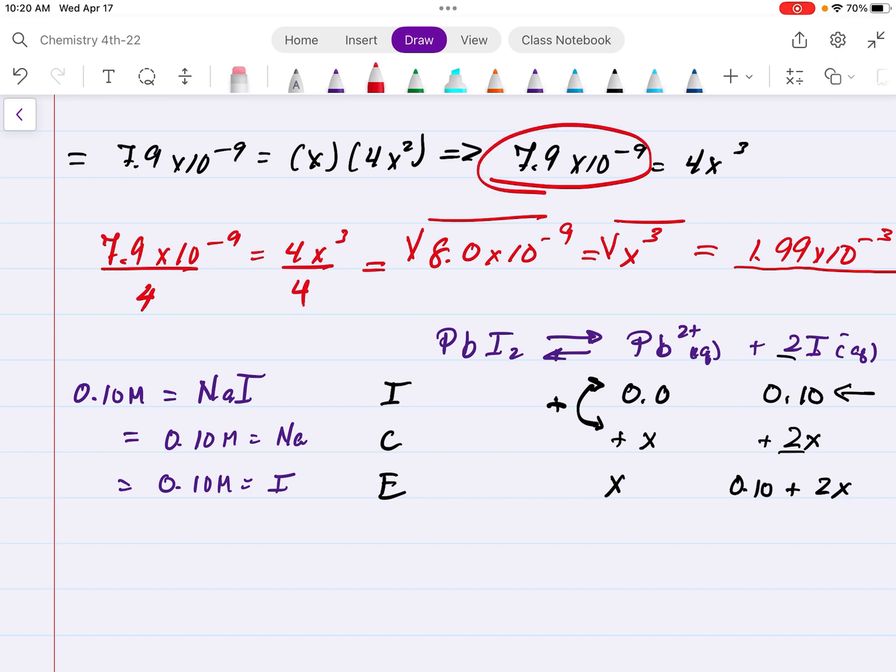So if I was to write this in expanded form, 7.9 times 10 to the -9, that's going to look like this. Okay, I'm going to add one extra 0.